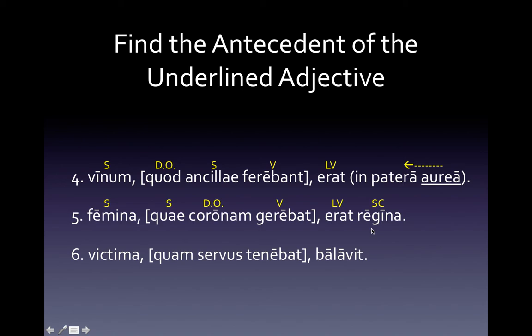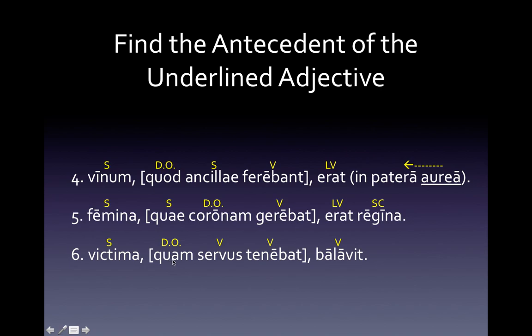All right, last sentence. You would bracket it off this way, beginning with quam, the relative pronoun, ending with the verb. And now we can go ahead and mark it. So victima is a nominative, so it's our subject. Balavit is the verb, so the victim bleated. Bleated as in not bled, like you have blood coming out, but as the sound that a goat makes, bleat. All right, so the victim bleated.